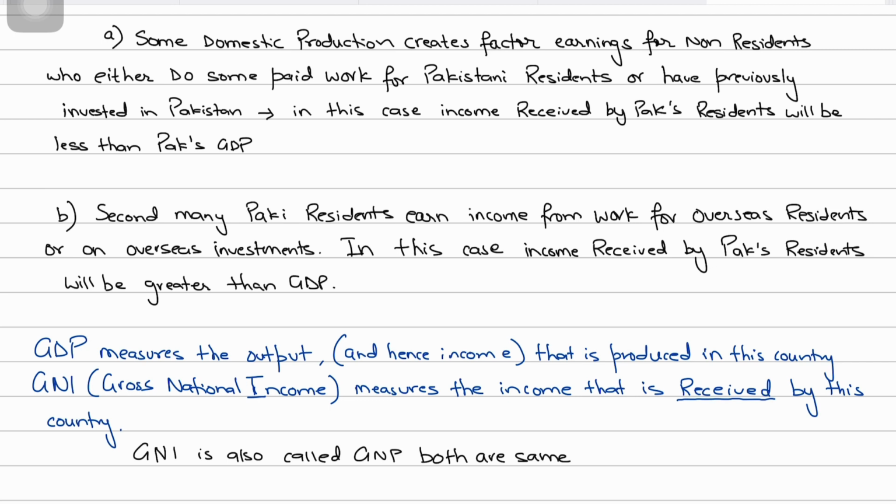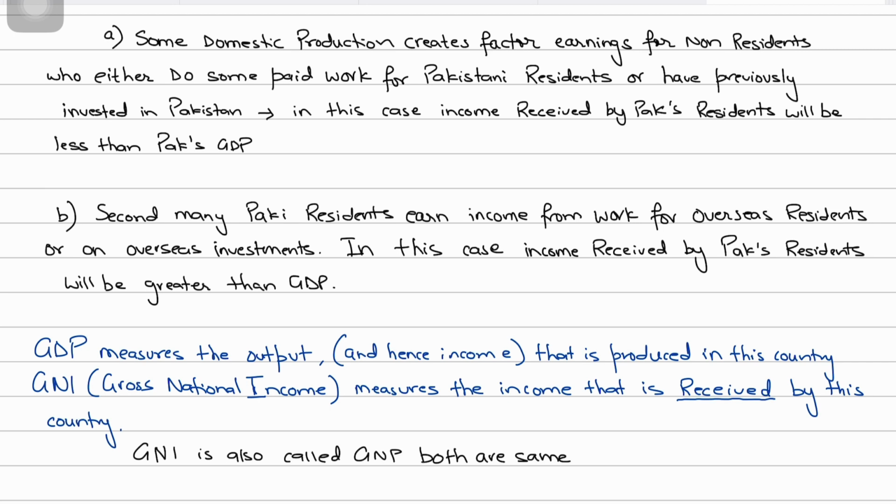That's the reason why the difference arises, and that is because when you sum up the domestic production, or the output produced in Pakistan, that output would create factor earnings for non-residents who are maybe doing some sort of work for Pakistani residents. So let's say some people who are living in USA are doing some sort of a consultancy for any Pakistani firm, right?